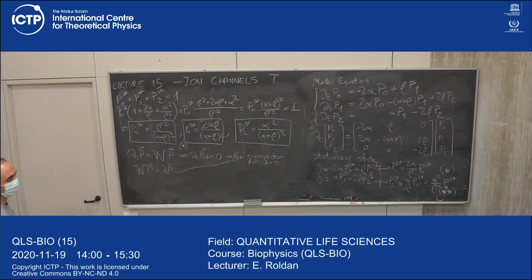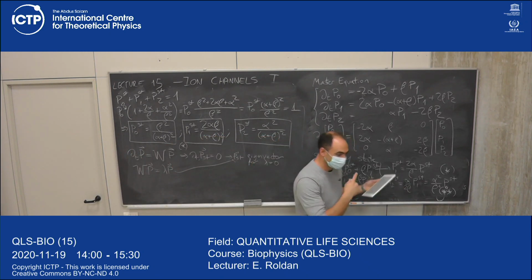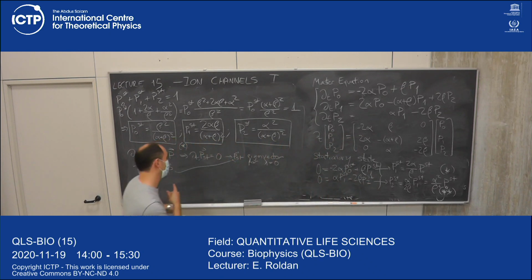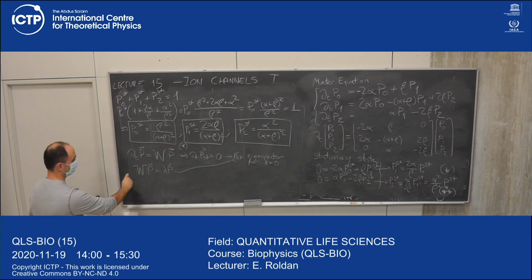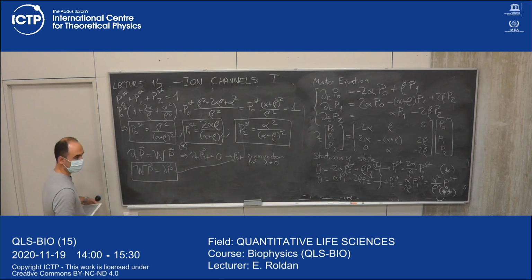So I just did it in this way, but formally, when you get a more complicated system, you will do this thing, what I'm showing here. You will get eigenvalues from W, and then hope that one is 0, because otherwise there is no stationary state.